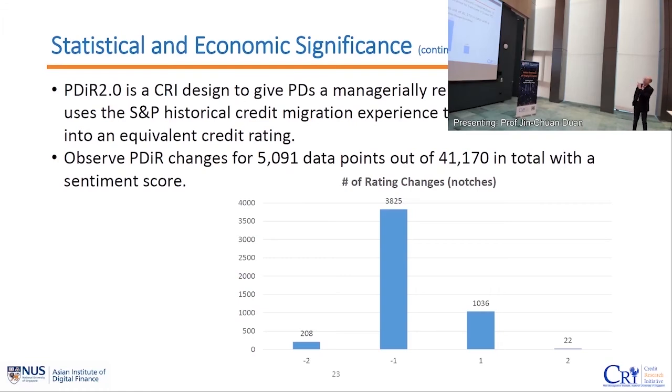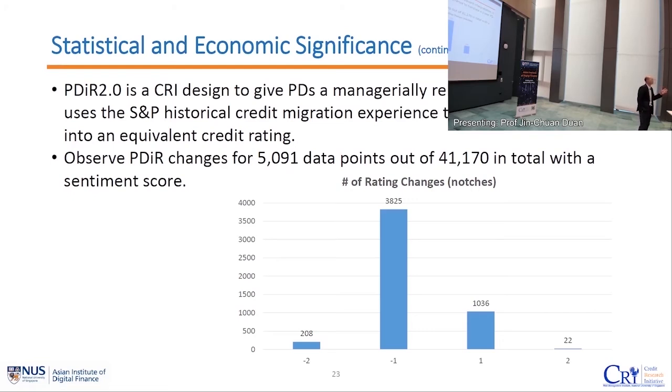Okay, you can see that. A 1 notch downgrade is a lot. It's 3,000. See that? Without changing is the majority. I'm not reporting that. Without changing doesn't mean the PD doesn't change. It just means they don't change in terms of rating.